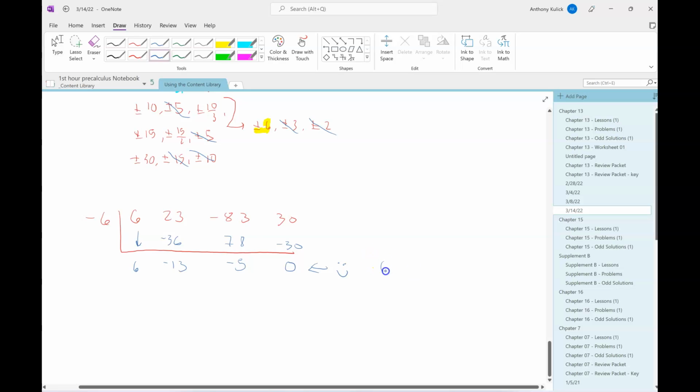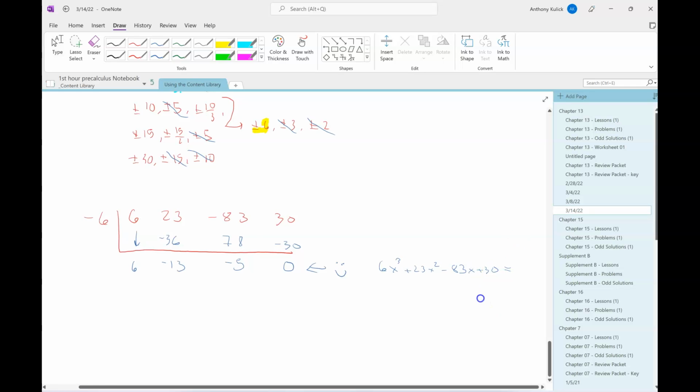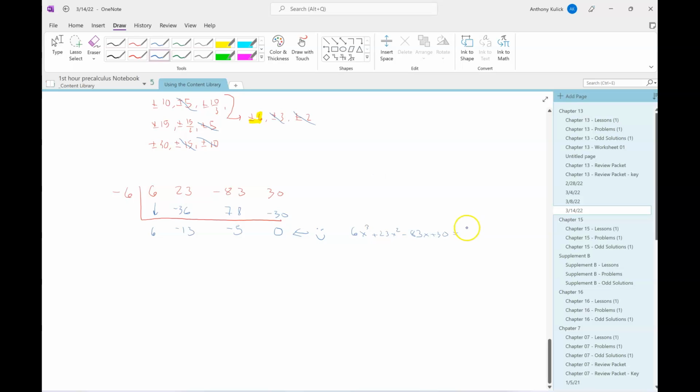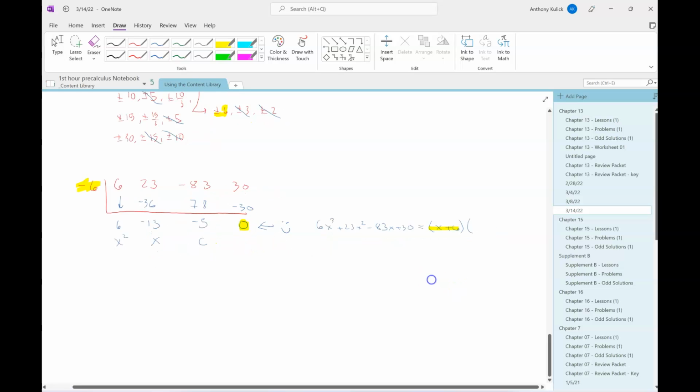What that's telling me now is 6x cubed plus 23x squared minus 83x plus 30 is going to factor down to the x plus 6. And the reason we're getting the x plus 6 is when we divide by -6, we get remainder 0. Times constant x coefficient x squared, 6x squared minus 13x minus 5.